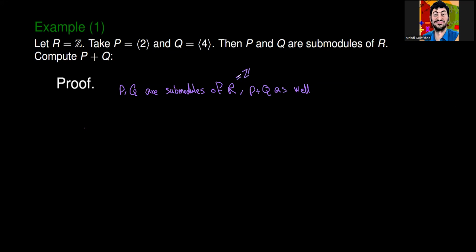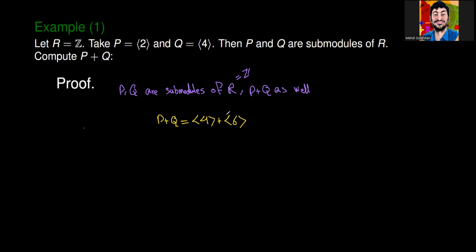So let's see what this is. This is the ideal generated by 4 plus the ideal generated by 6. So P plus Q is equal to the ideal generated by 4 plus the ideal generated by 6. What is this?